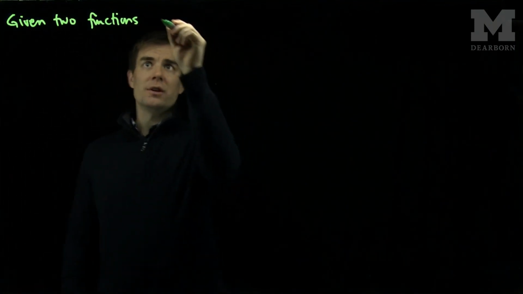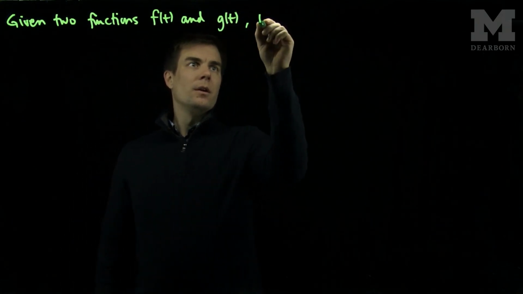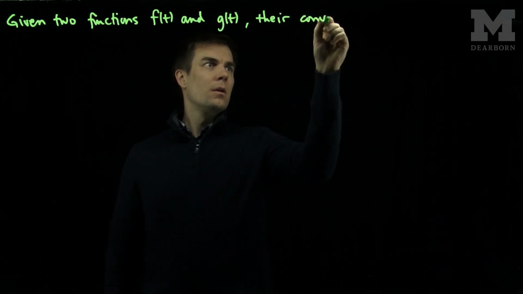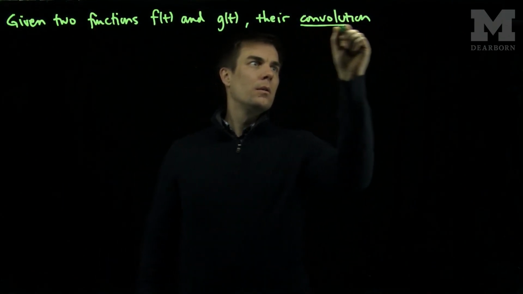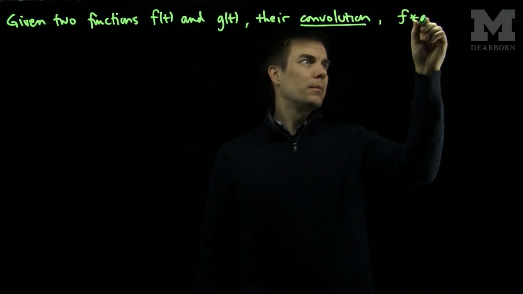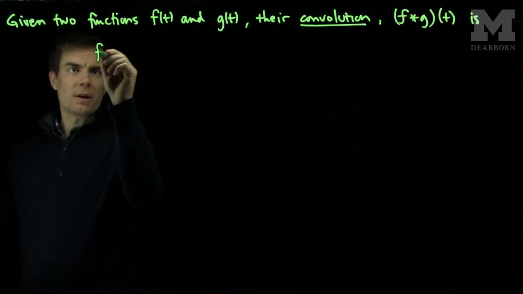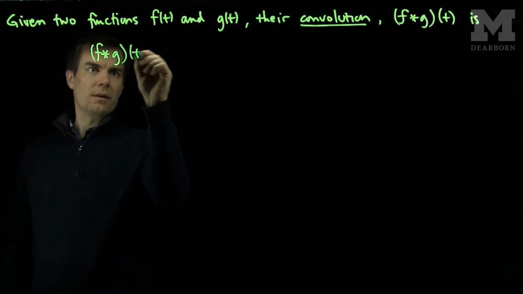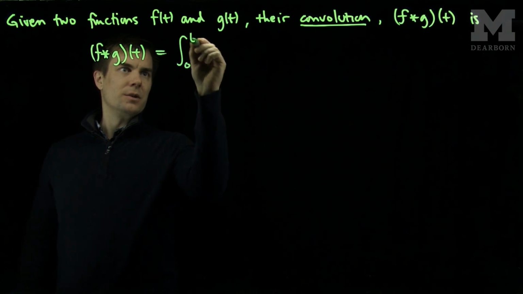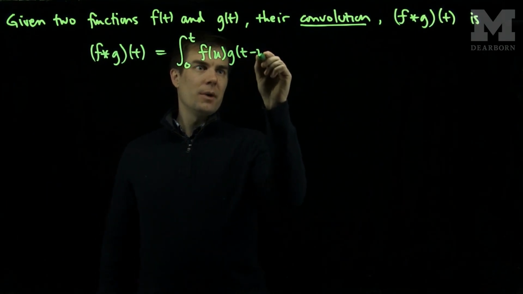Given two functions, f of t and g of t, their convolution, which we write as f star g, is, and so here's the formula for convolution. f star g of t is the integral from 0 to t of f of u g of t minus u du.